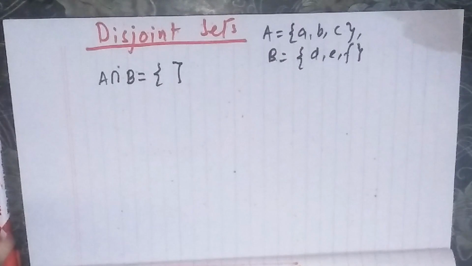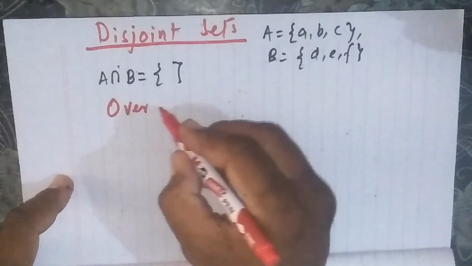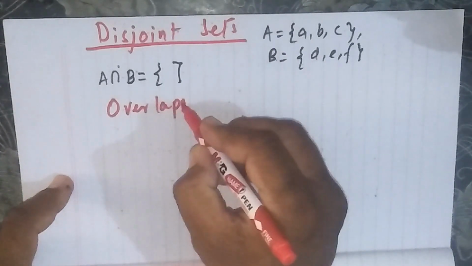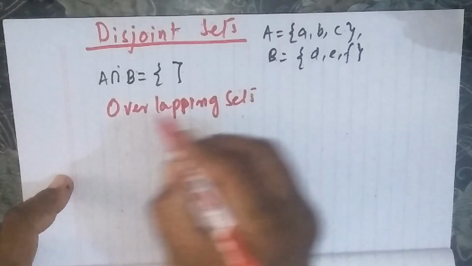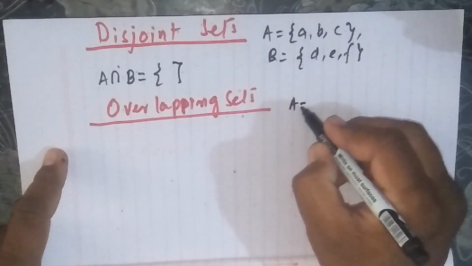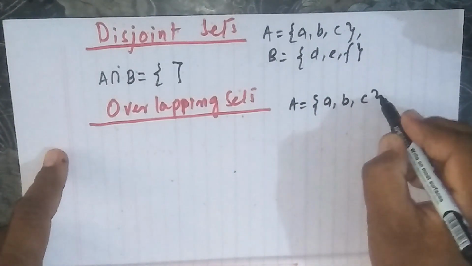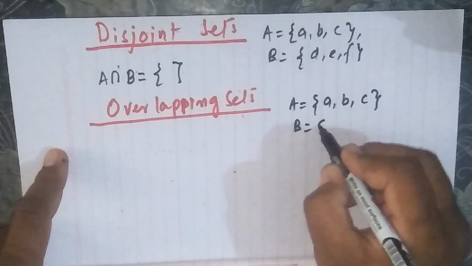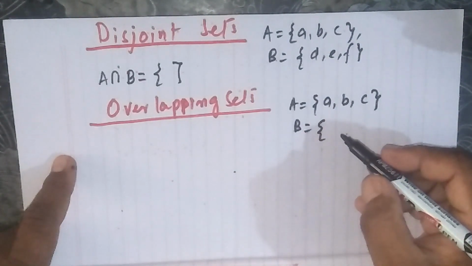Similarly, we'll talk about overlapping sets. Overlapping sets are those sets where, if we have two sets, at least one element is common.